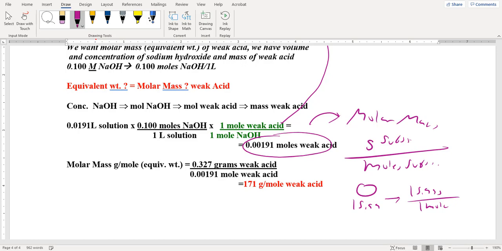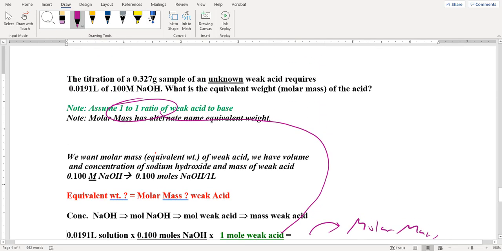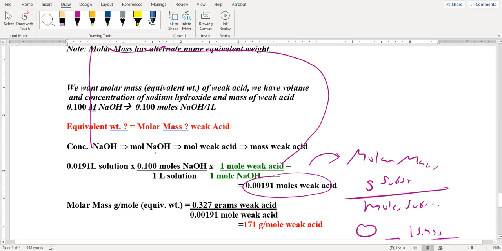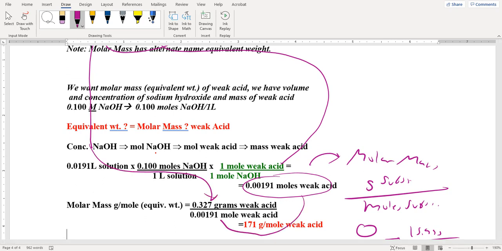So it's assumed that we already were able to measure out the grams of our sample right there. So there's our grams. And then here are the moles. And so you simply divide grams divided by moles, and then that gives you the molar mass, aka equivalent weight.